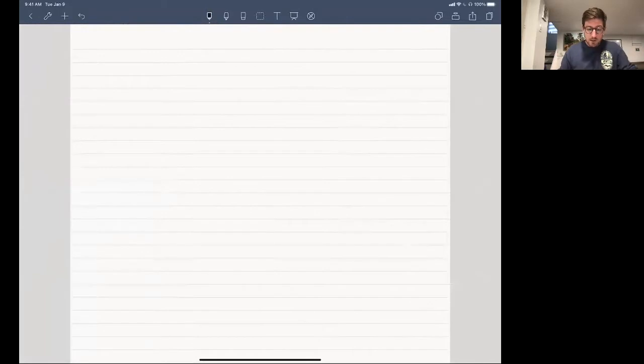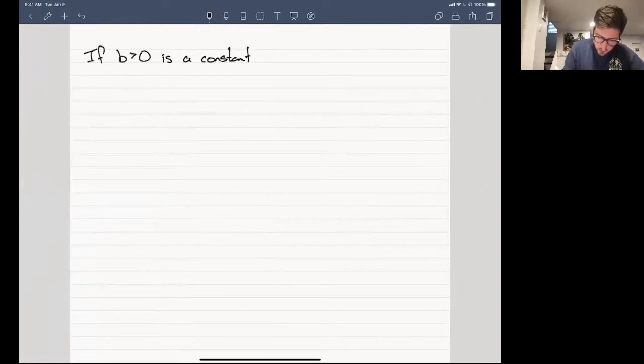So then the other piece of this that's important is if b is a positive constant, actually, you can do this for a negative constant as well, but we get the logarithm of bx.